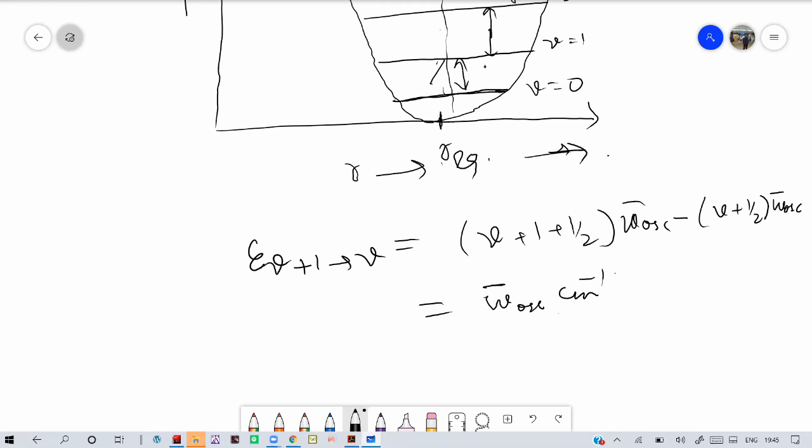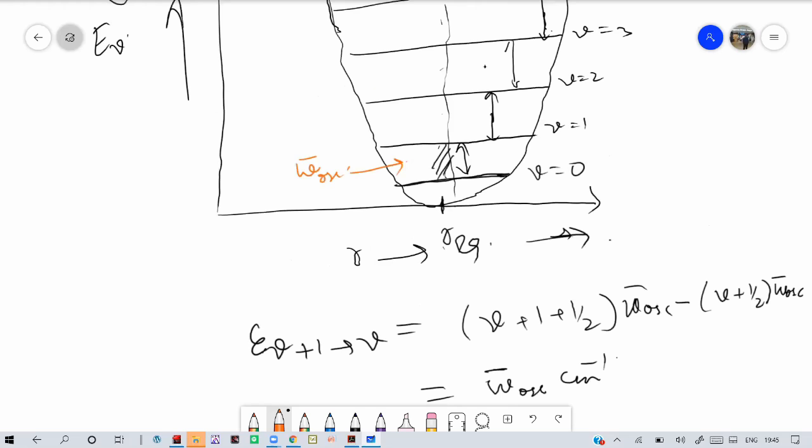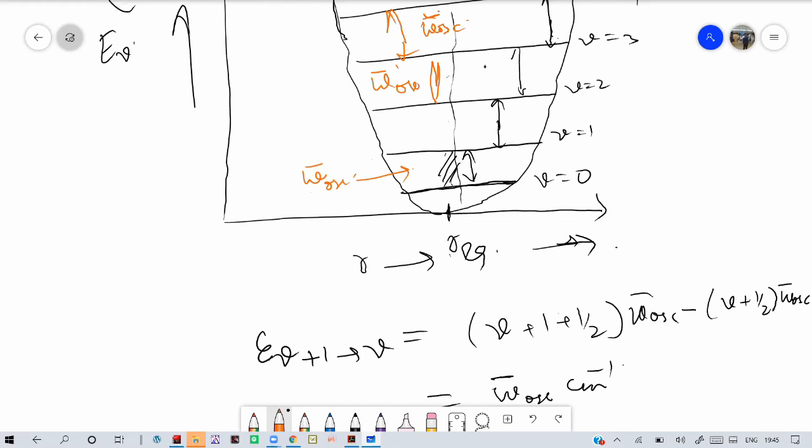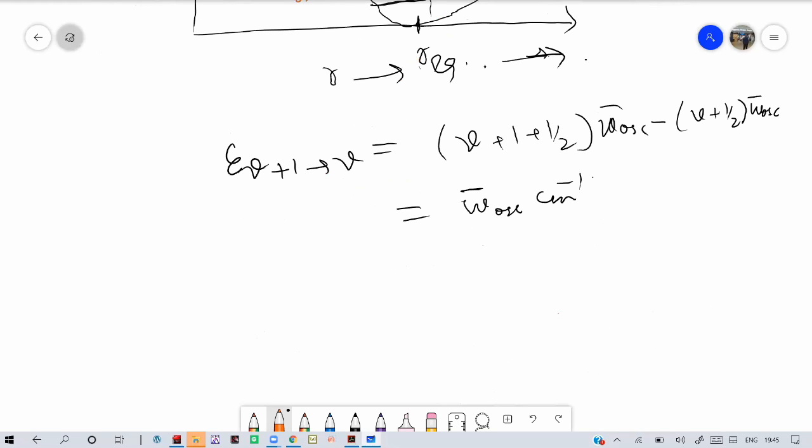So this gap is omega bar oscillation, and it is the same everywhere. Here this gap is also omega oscillation. There is a difference between the vibrational and the rotational case. There it is unequal, the gap comes 2B and it increases.